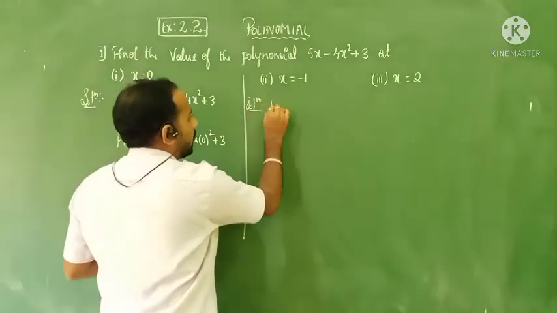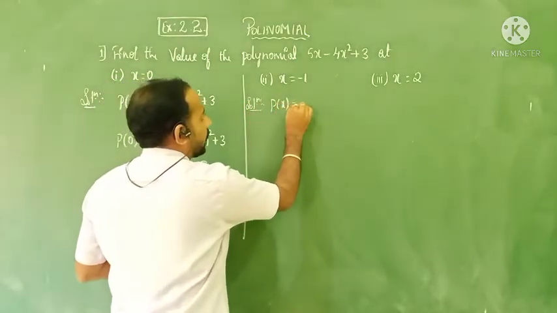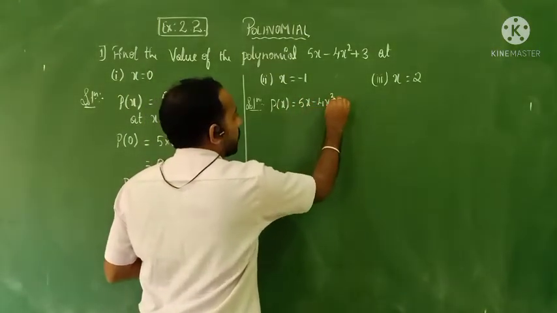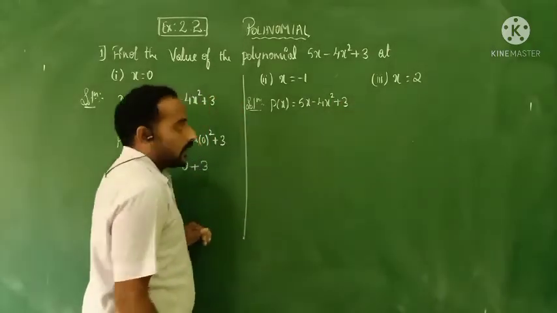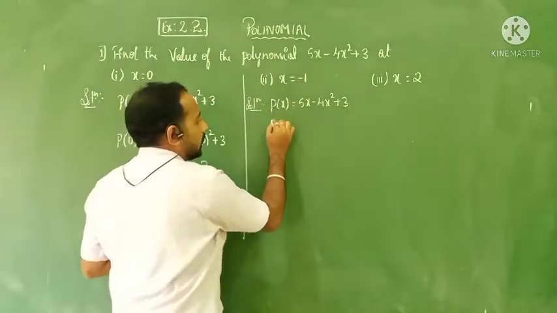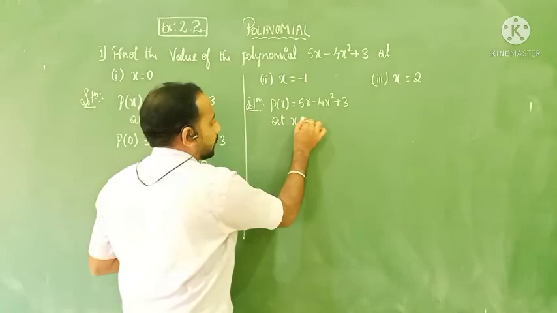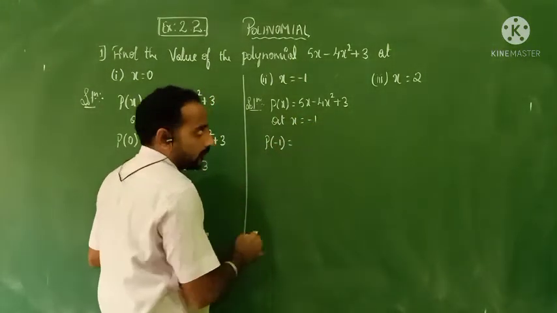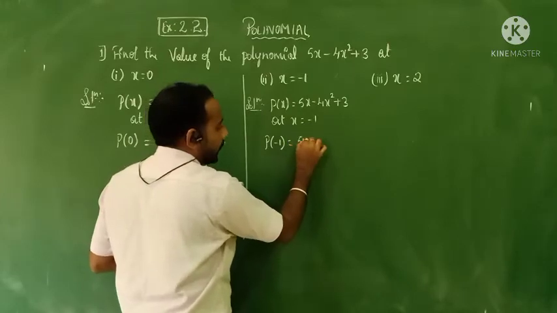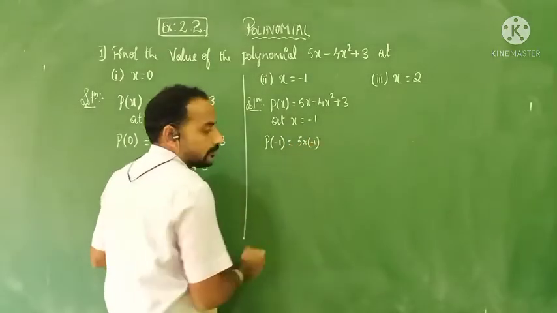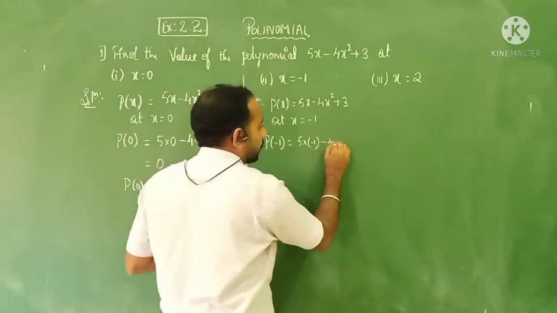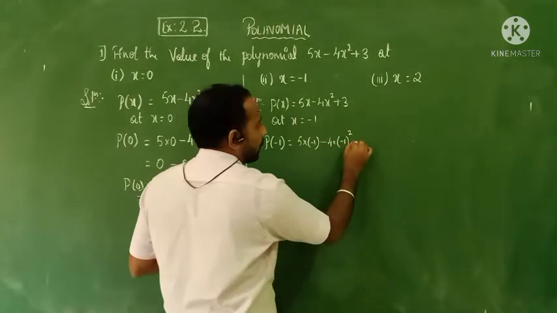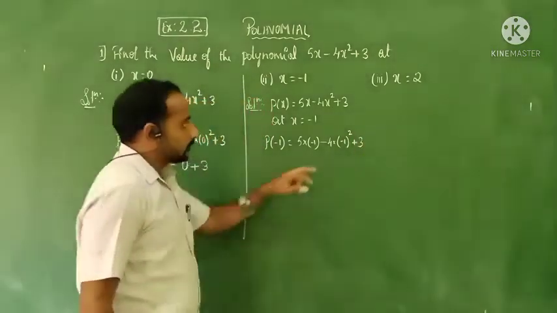First, p of x is equal to 5x minus 4x squared plus 3. The value of x is minus 1. At x equals minus 1, p of minus 1 is equal to 5 as it is into minus 1, minus 4 into minus 1 whole square plus 3.